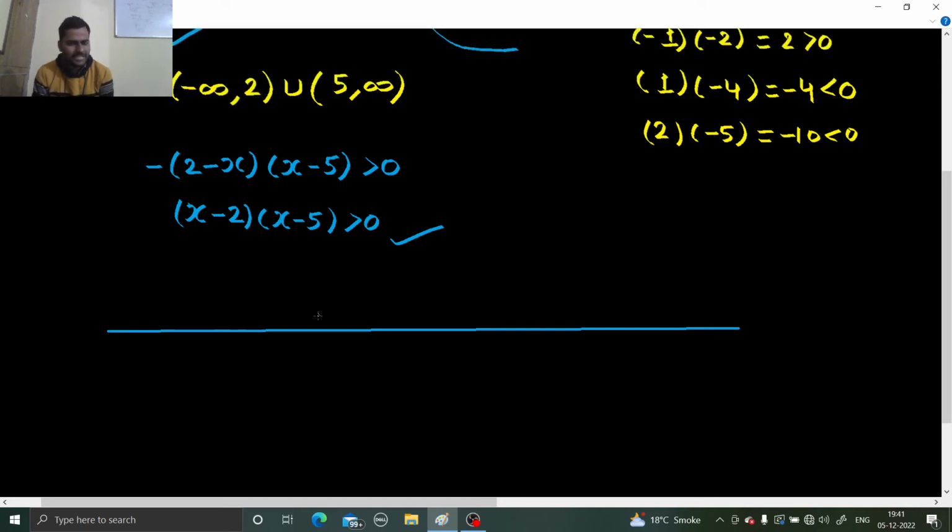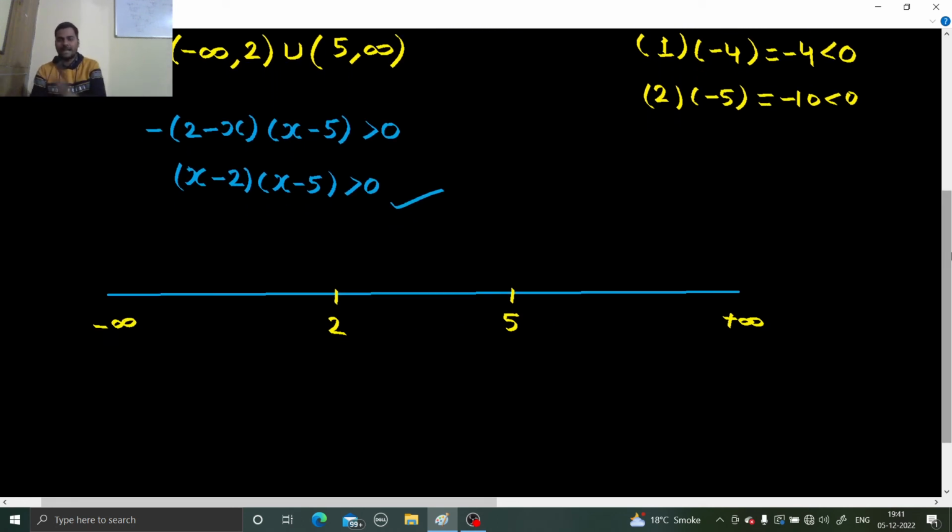The first thing which I'm going to plot will definitely be 2, and the second thing, as you can see, is 5, plus infinity and minus infinity. Now again I will analyze, but this time only for one value, just to show you that this starts like plus minus plus. If I take any value, let's say 6, I am getting 6 minus 2 is 4, 6 minus 5 is 1. Of course 4 is greater than 0, so plus here.